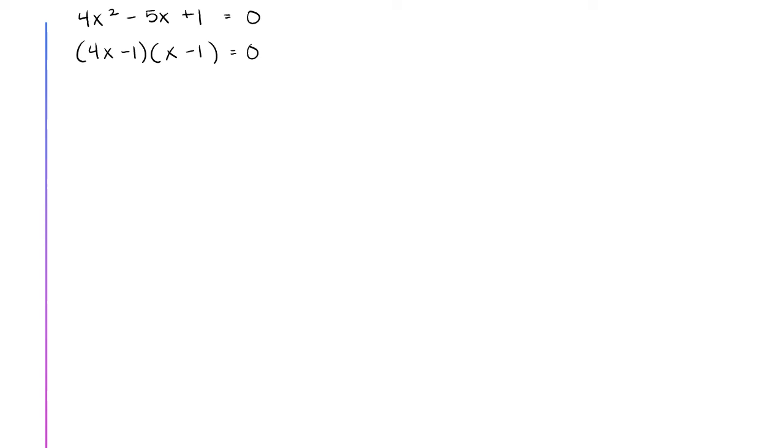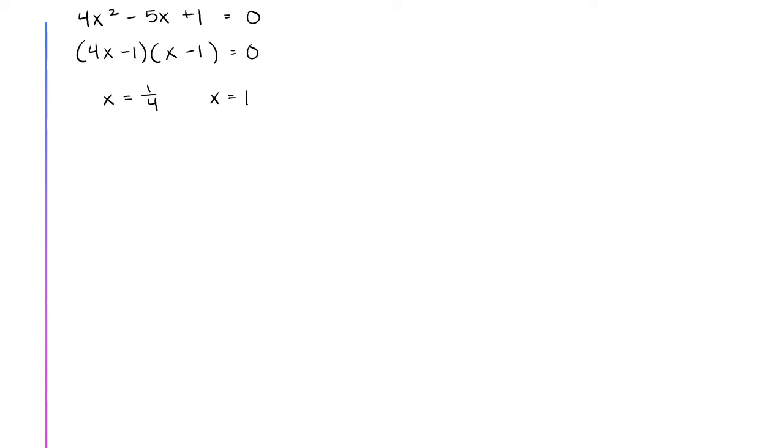Of course, that means each of our factors can be set equal to 0 in order to solve for x. So we'll find that x is equal to 1/4 and x is equal to 1. So we certainly need to check back into our original equation that these answers are valid or eliminate them as possible answers.